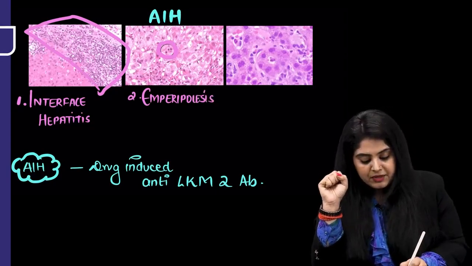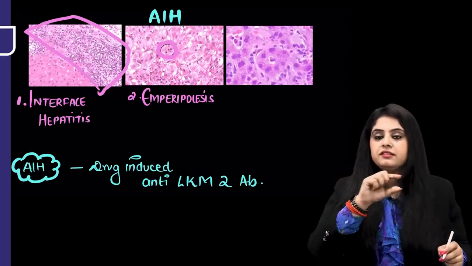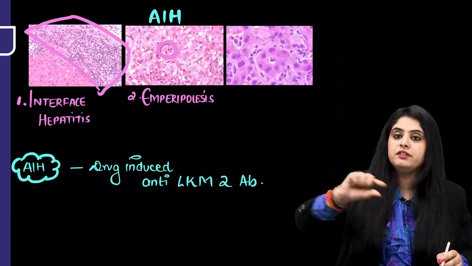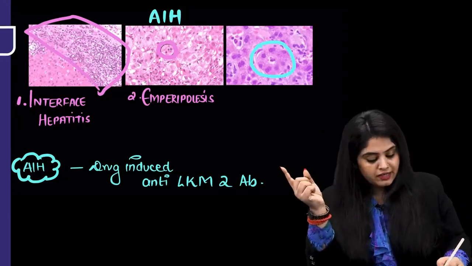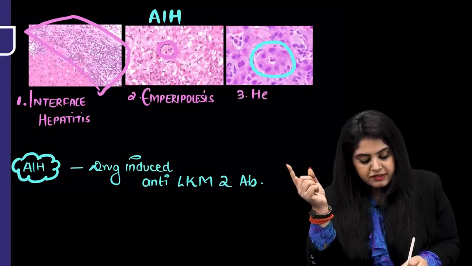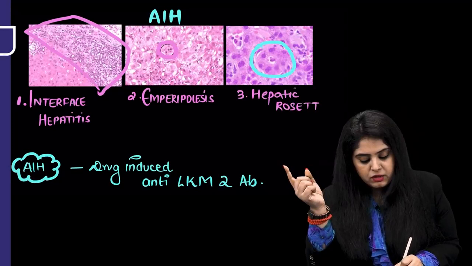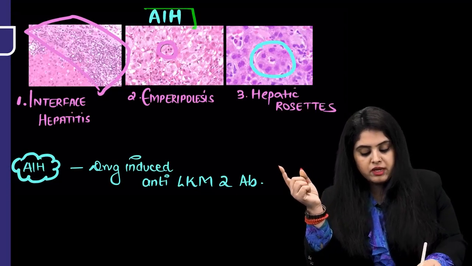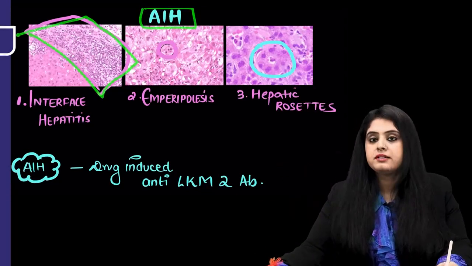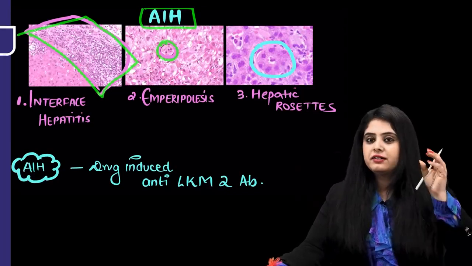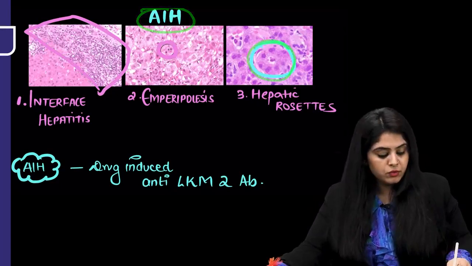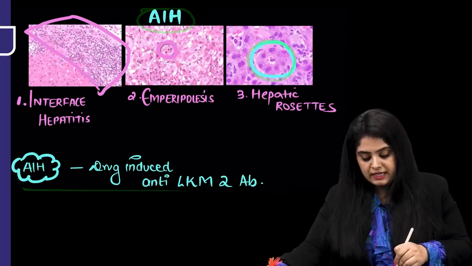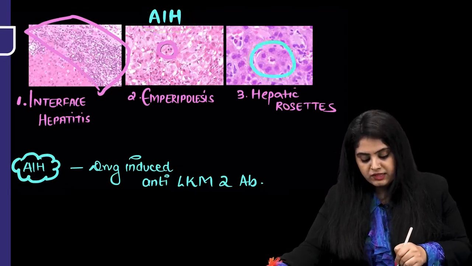And lastly, otherwise I used to say liver cells are in cords. Now I'm saying liver cells are making a rose, so can I say hepatic rosettes are seen? Noted. So repeat, in autoimmune hepatitis, I see interface hepatitis, I see emperipolesis where cells are being eaten up, and I see hepatic rosettes. And one of the causes of autoimmune hepatitis is drug-induced, which is anti-LKM2 antibodies. Done with this as well.